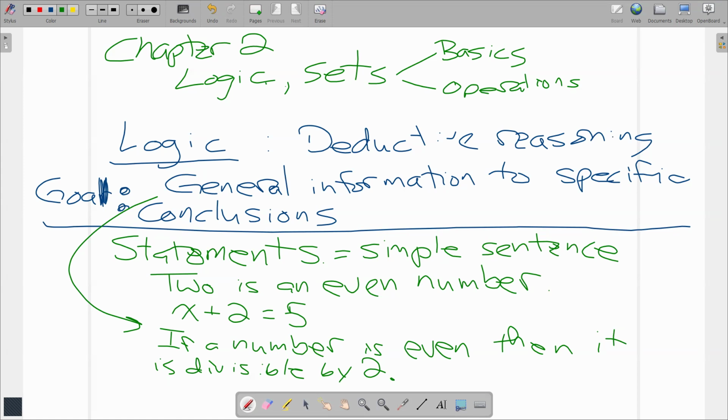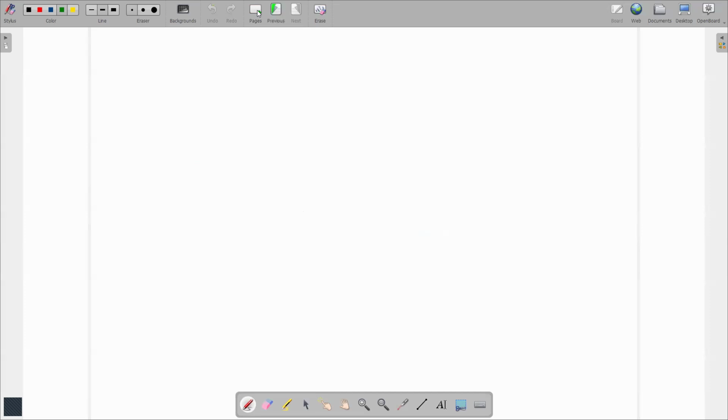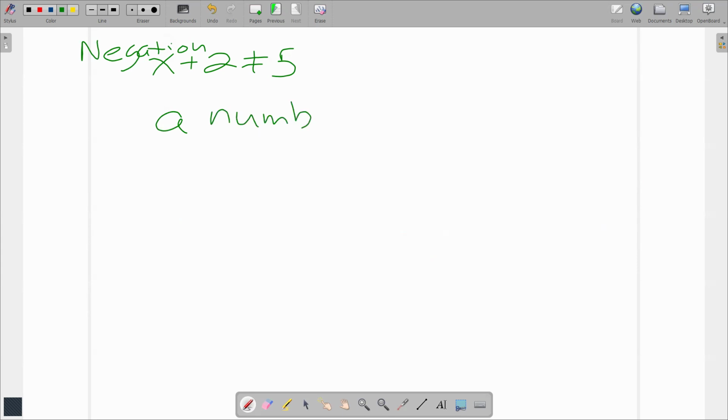Some statements we can do things like negate them. That's a big topic in the beginning. So again, the last one is if a number is even, then it is divisible by 2. And I can negate each of these, except maybe the first one, that's too simple. Like x plus 2 is not equal to 5. Instead of a number is even, a number is not even.